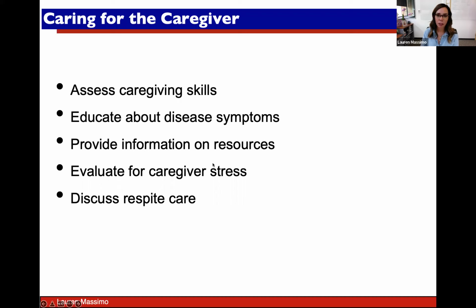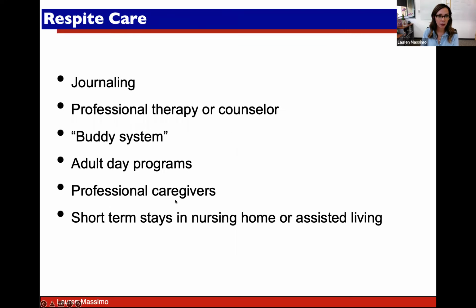Caregivers are often incredibly stressed. And so asking the caregivers how they're doing with managing their loved one's care is really important to ask at every visit. And then talking about respite care. Respite care is a short time of rest or relief and can be done through a variety of ways.